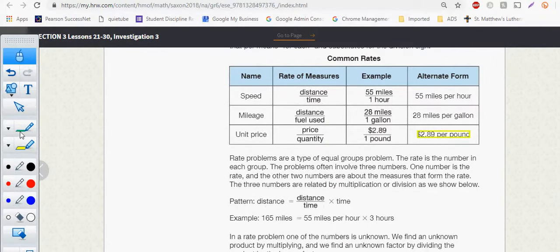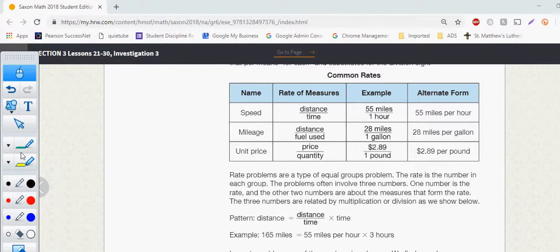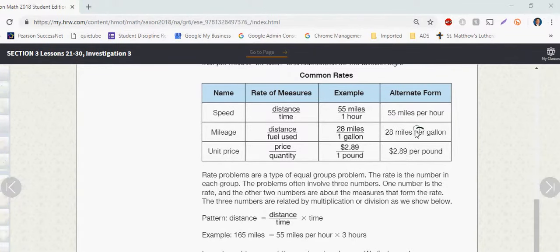Notice in each of these cases, instead of reading the fraction bar as to, now we use the word per, which really just means for each. 28 miles for each gallon. But when you read these, you say the first quantity per second quantity.